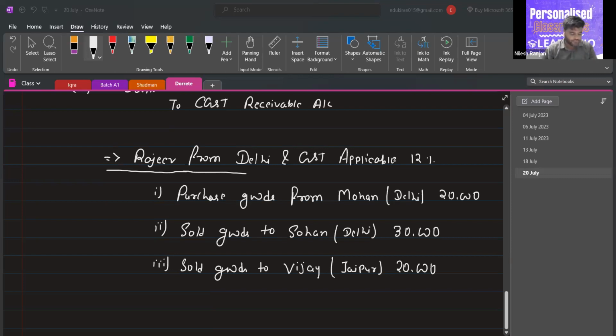Purchase account debit to Mohan account, to input SGST account and to input CGST account on the credit side, 2,400.